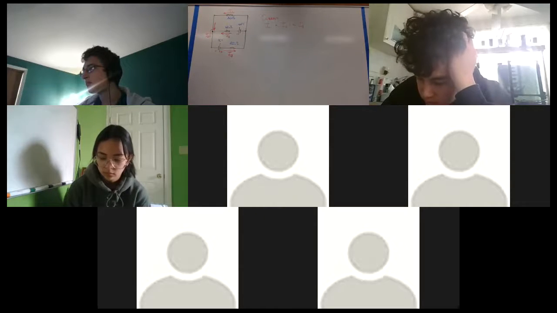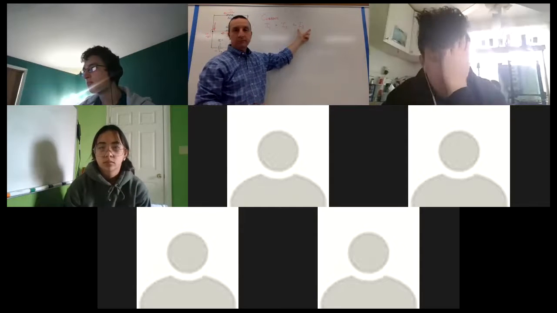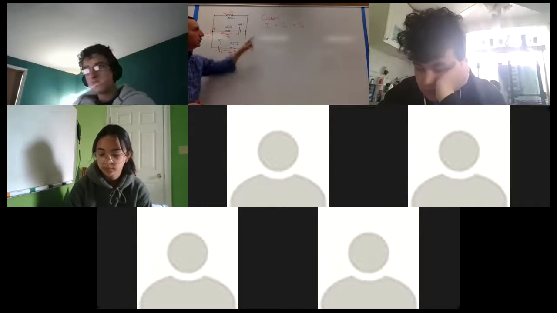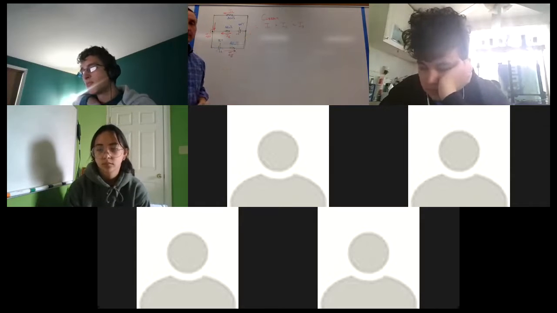The sum of the currents going in equals the sum of the currents going out. Good? All right. So that's one of our three equations that we're going to need.